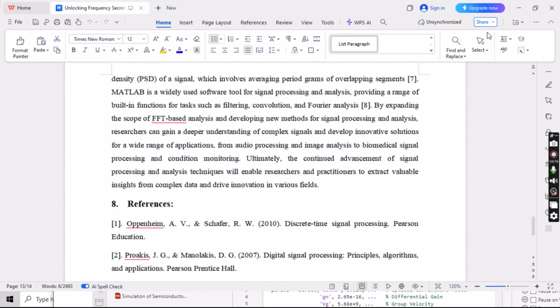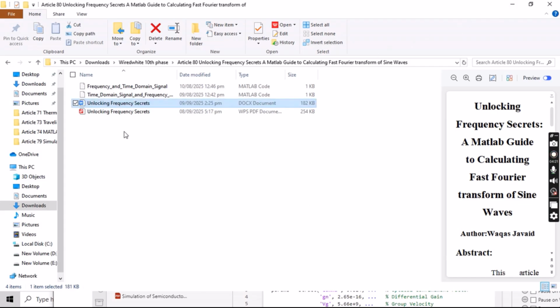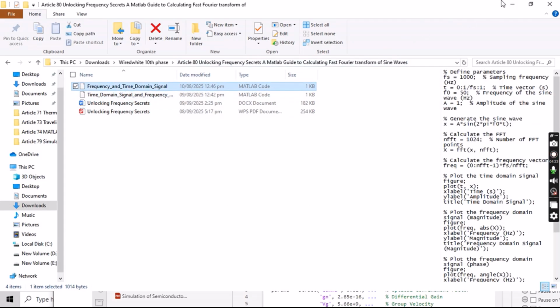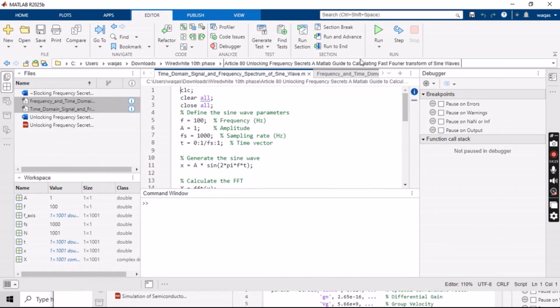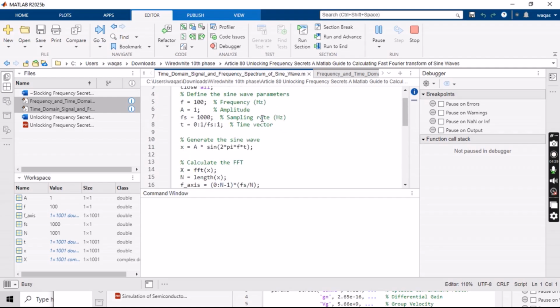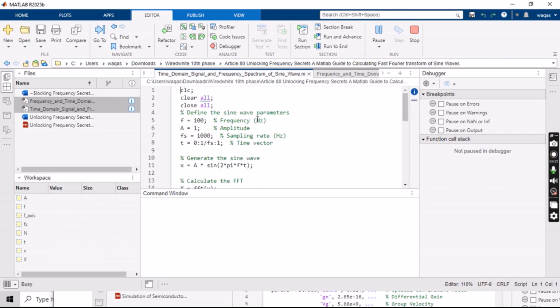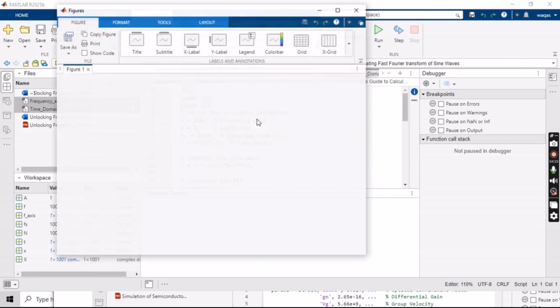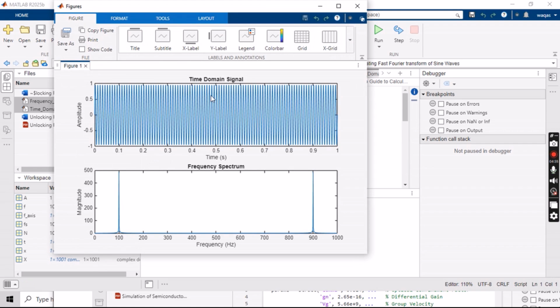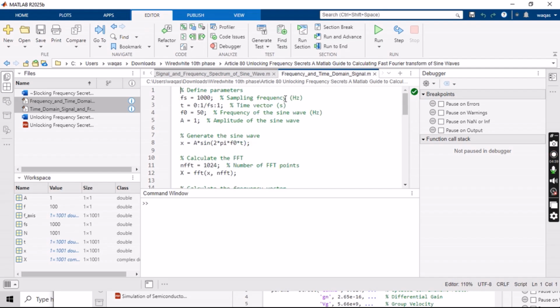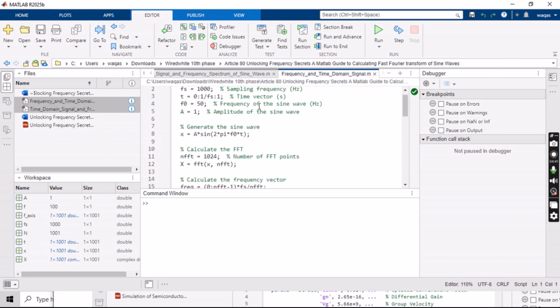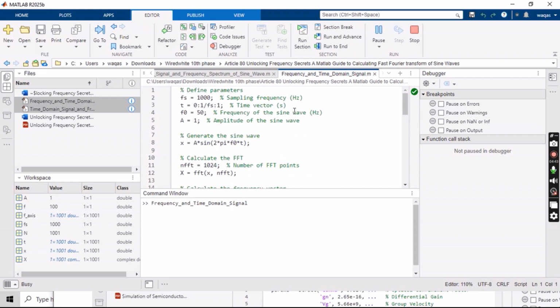Okay, let me just show you, these are the two files used in our case. Let me just run this Matlab code. Basically, this Matlab code is for the spectrum of sine wave time domain signals with the frequency spectrum, and the second one is basically the parameters used for the time domain signals.